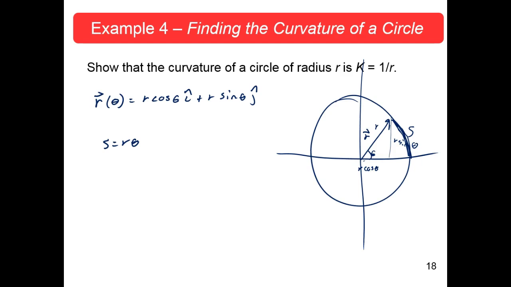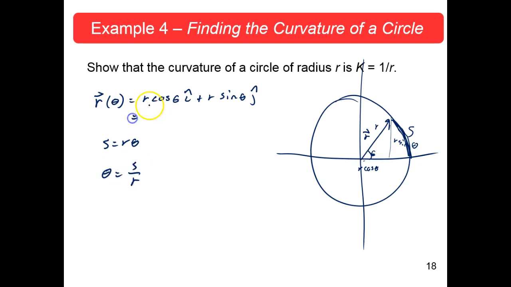So here's the formula. If we want to get this in terms of r of S, just simply solve for theta as a function of r and S. And as I just said, theta is S over r.